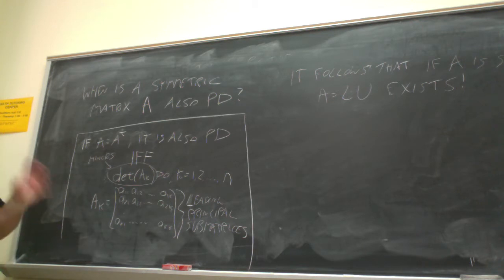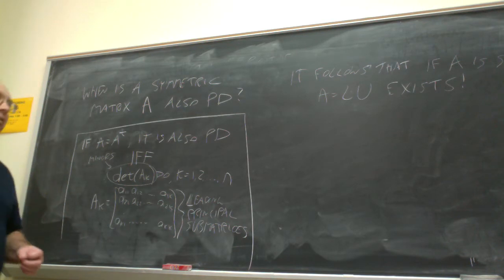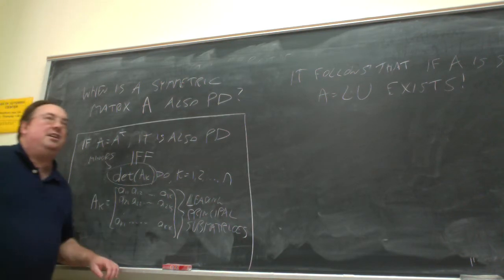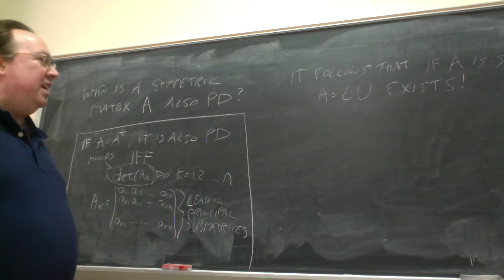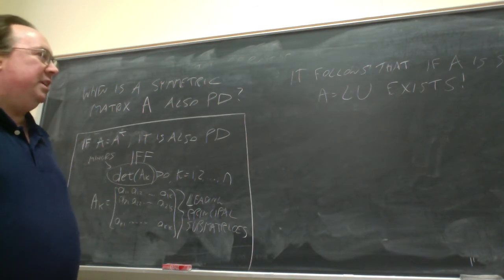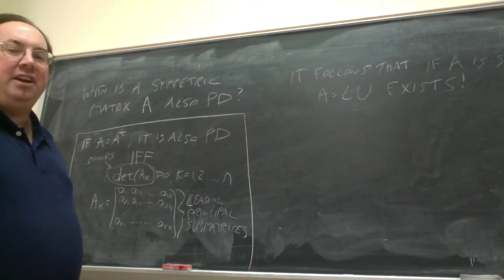That will never happen with an SPD matrix. Now, pivoting might still be a good idea to reduce propagation of round-off error, but you're never going to be in a real bind where you must. Like I said, a symmetric positive definite matrix can definitely be as ill-conditioned as any other.